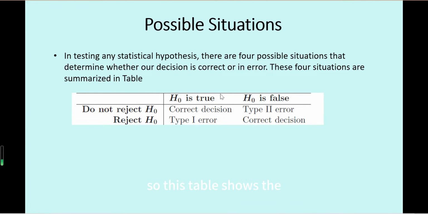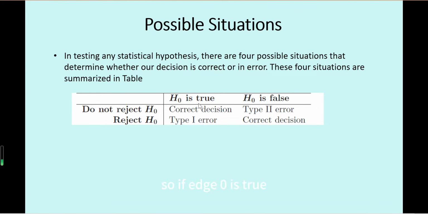So this table shows the possible situations when we conduct a statistical hypothesis test. Usually there are 4 possible situations that determine whether our decision is correct or in error, based on whether H0 is true or H0 is false, and based on the action: we reject H0 or we do not reject H0.